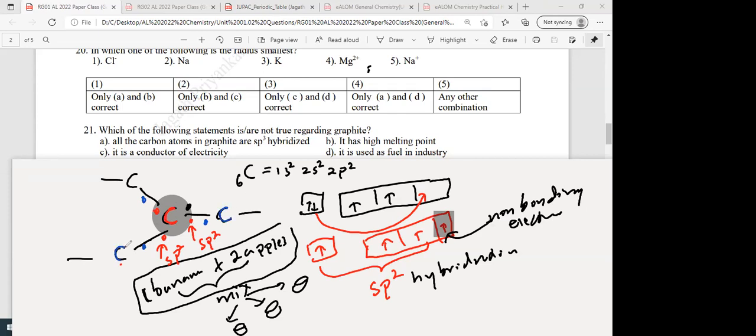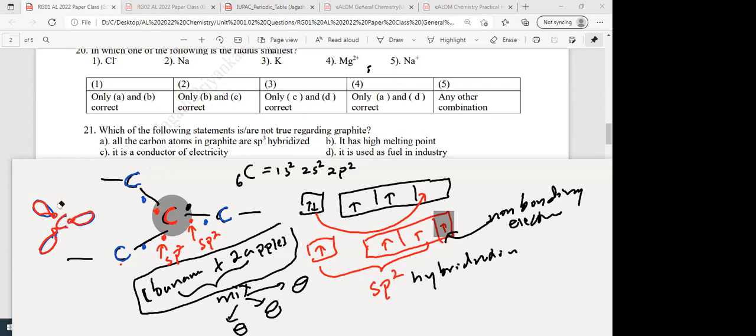So each carbon atom is what hybridized? sp2 hybridized. If you show the arrangement here, the hybrid orbitals look like this: one hybrid orbital, the other hybrid orbital, and the other hybrid orbital. Then it will overlap with this, I'll put this one red. Like this, and this is the other one.